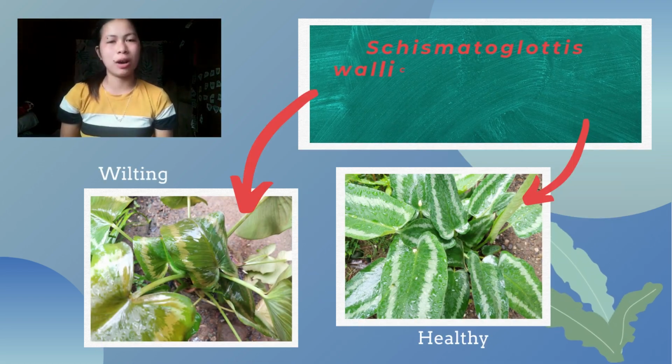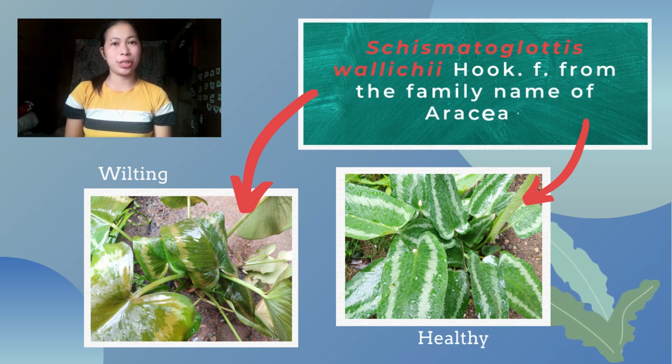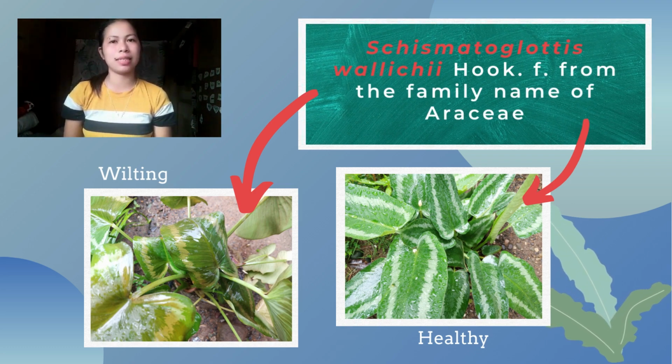Schismatoglottis wallichii is from the family Araceae. It is a herbaceous plant with short stems. Leaves are oblong-ovate to oblong-lanceolate with long petioles measuring 15 to 45 cm long. Green is the predominant leaf color, which is frequently variegated with dark green and gray stripes.